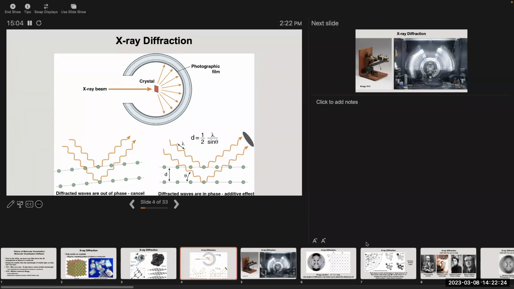But then as the X-ray beam is bent, as it's diffracted, as it passes through these rows of repeating atoms or repeating molecules, the beams of X-rays are diffracted or bent at slightly different angles. And as they exit the crystal, notice now that the peak of one wave lines up with the trough of the wave next to it, and the trough of one wave lines up with the peak of the wave next to it.